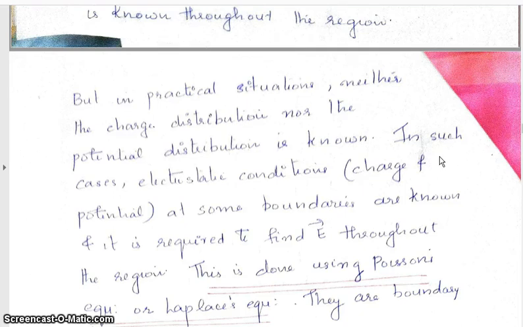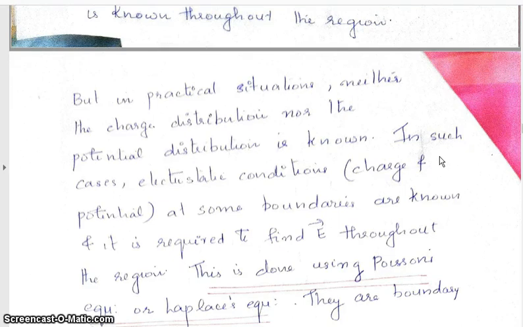That is, in these three cases, Coulomb's law, Gauss law, and the formula E equals minus del V, you should have some knowledge of the charge distribution, or some knowledge of V inside the surface.